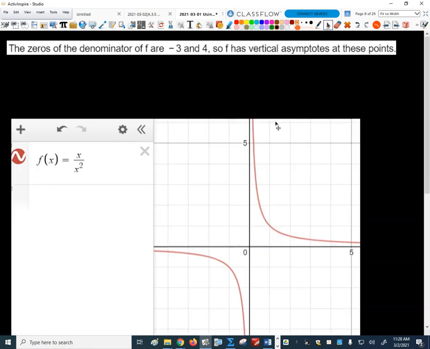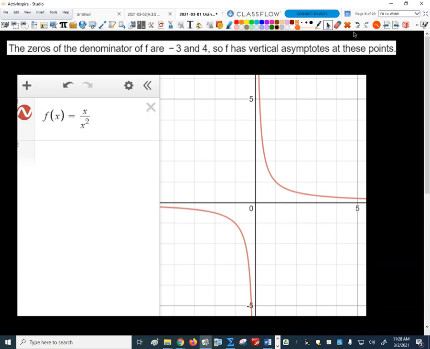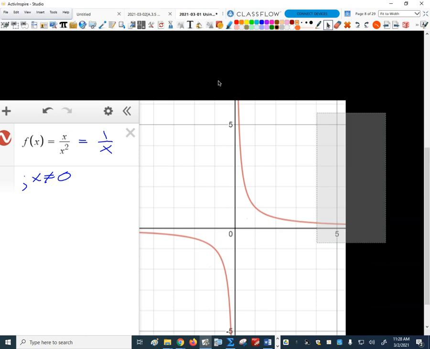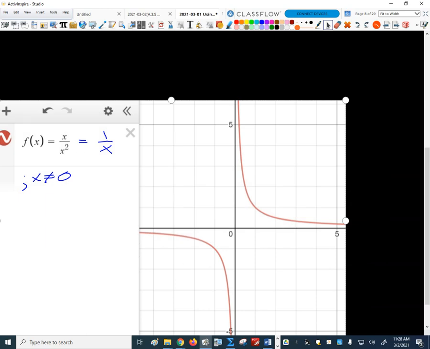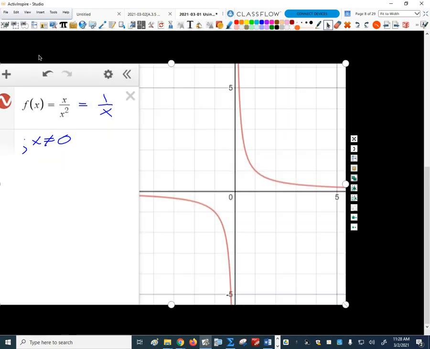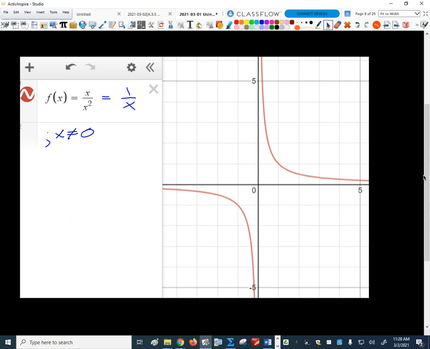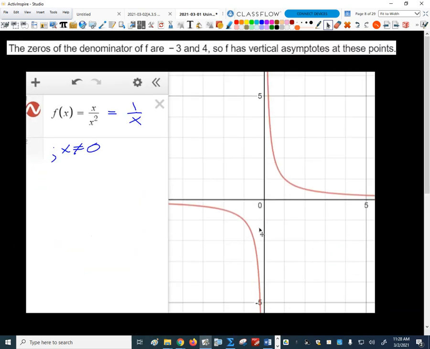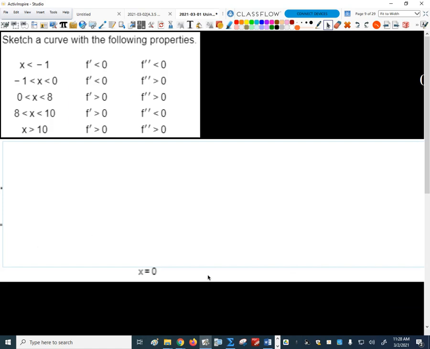Whereas if I simplify this guy, the zero of the denominator does not disappear, so I get an asymptote. Okay, all right, moving on.